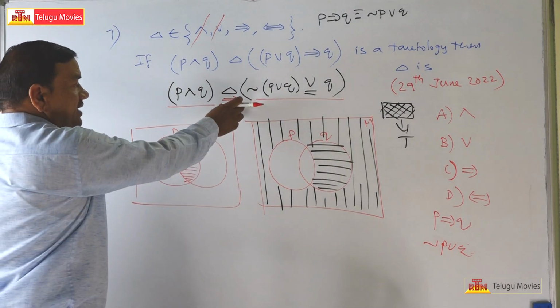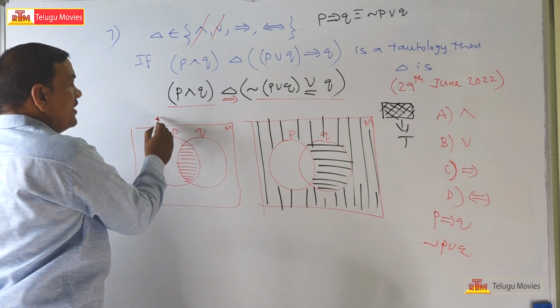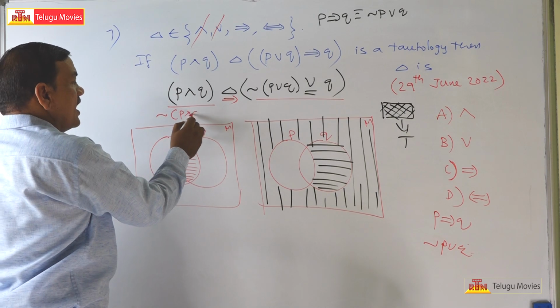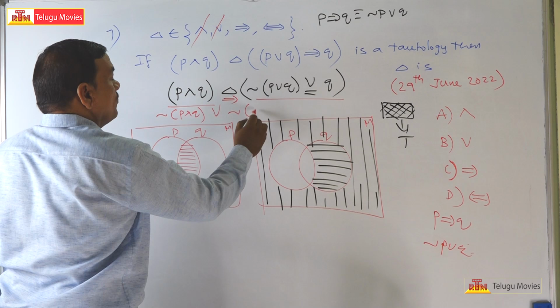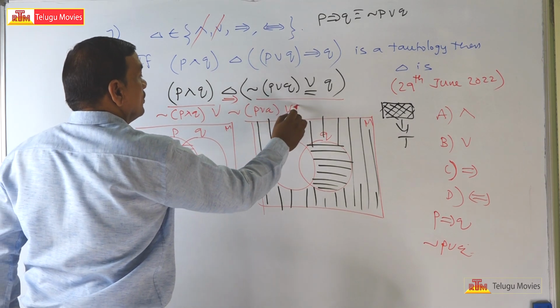That means if it is implies, then you write down negation of P and Q, or this statement, negation of P or Q, or Q.